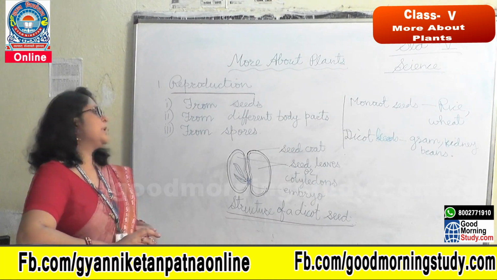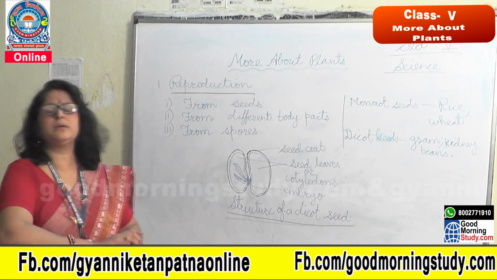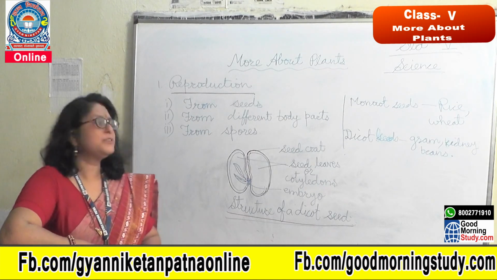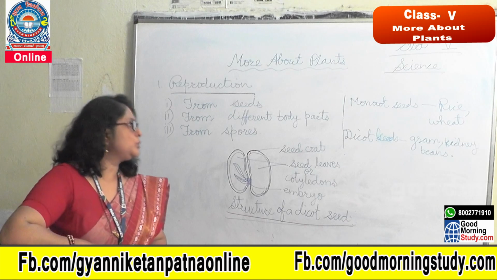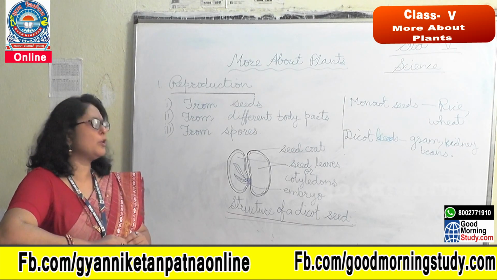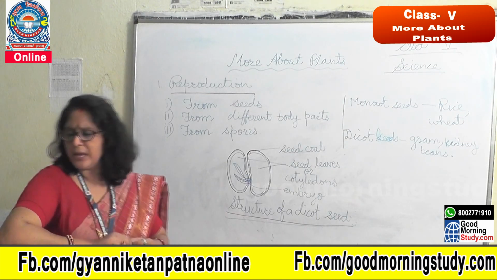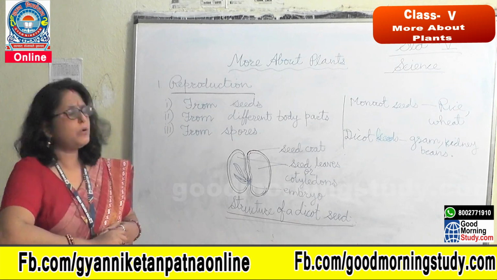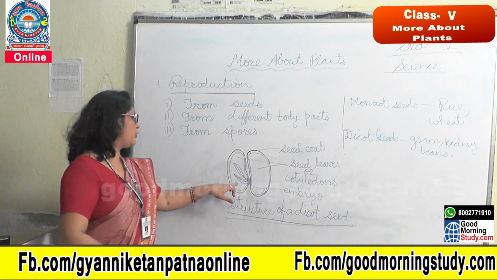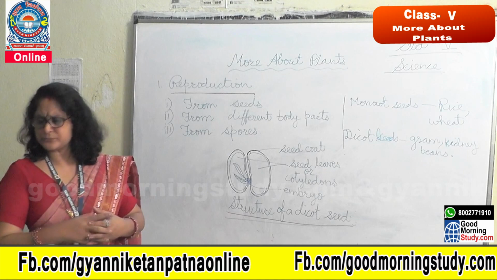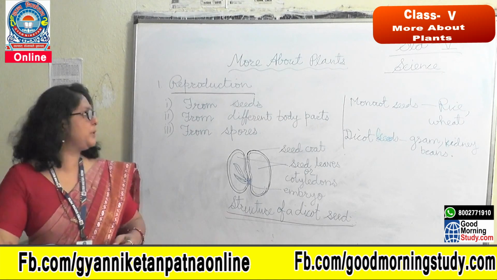So on the basis of the number of seed leaves or cotyledons, seeds are divided into two types, monocot seeds and dicot seeds. I hope it is clear to you, and this small embryo is converted into a new baby plant.